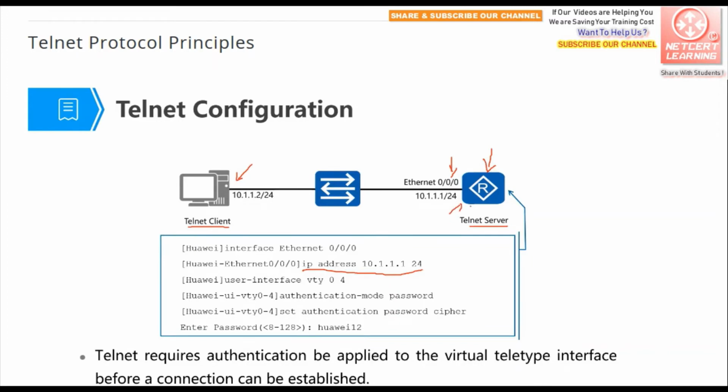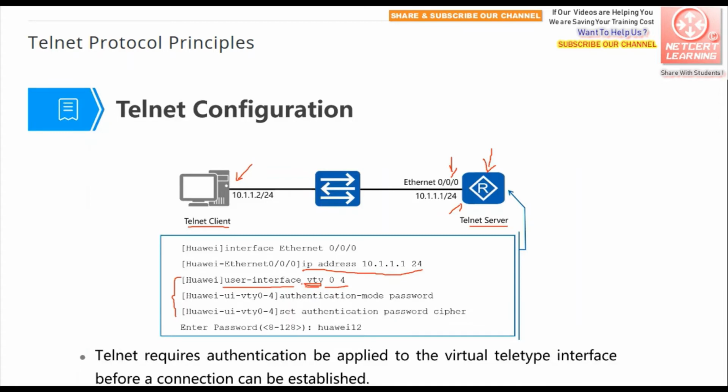Then this is the configuration of the Telnet user interface: VTY 0 to 4. VTY means the user interface used for Telnet, for SSH, and so on. There is another type of user interface, which is the console port.